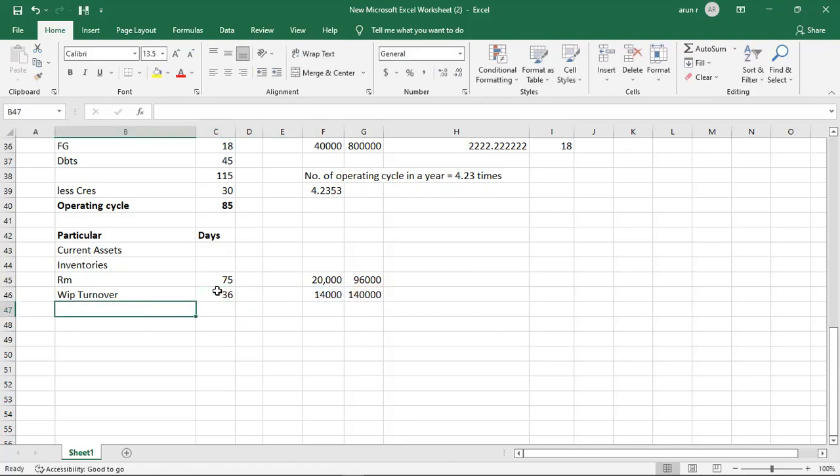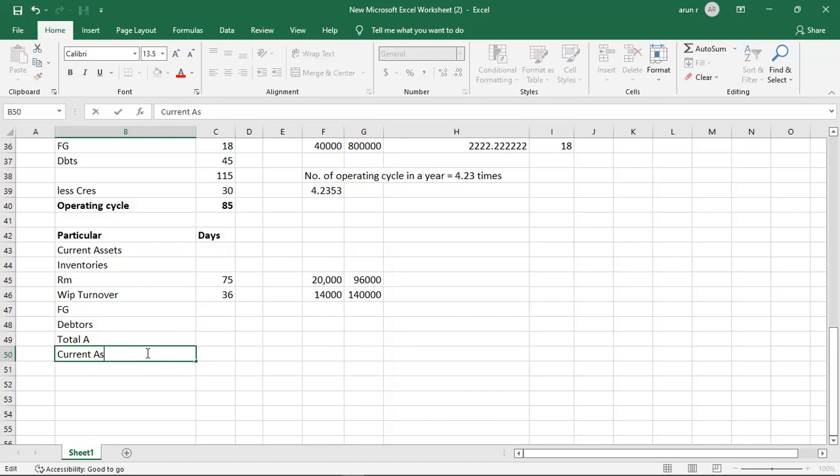I simply put finished goods, then debtors, total of A, the current assets, not current liabilities. Then the current liabilities, and then the total of the cycle.